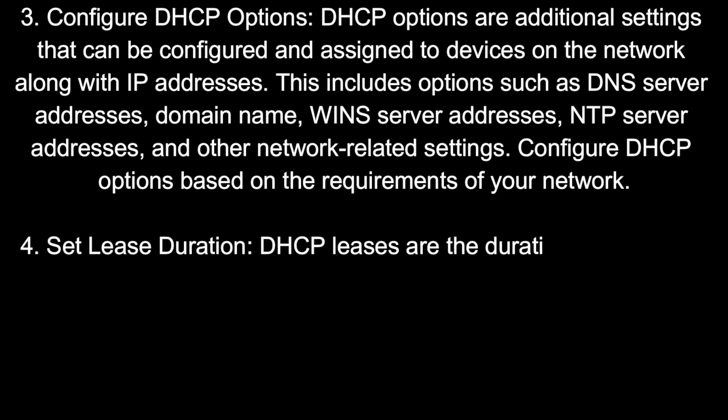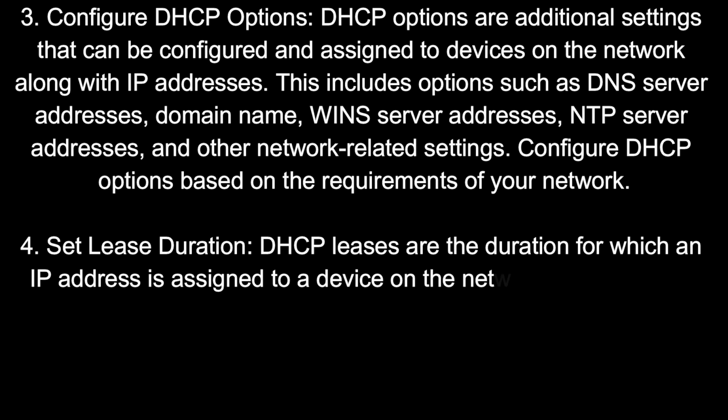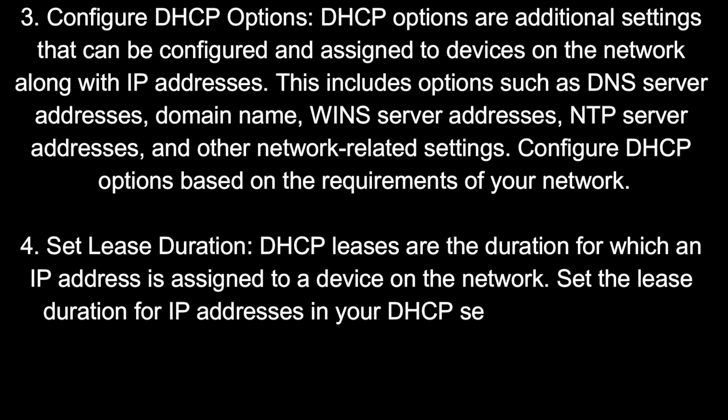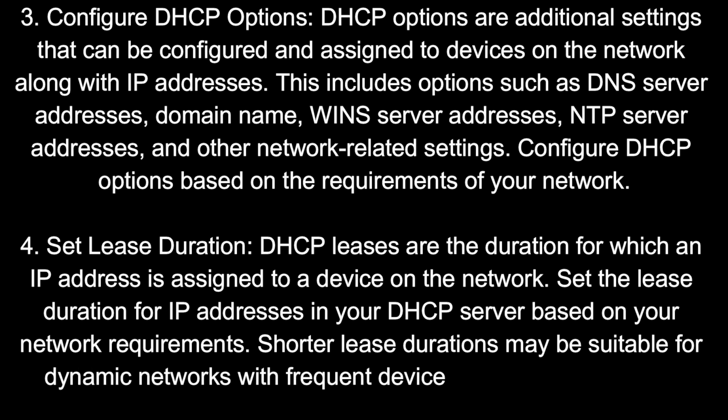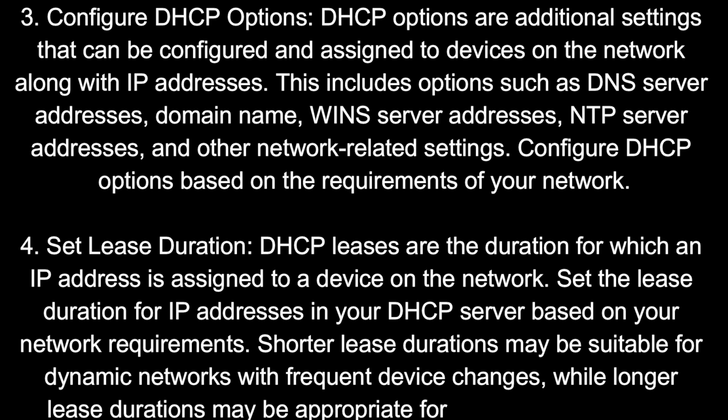Set lease duration. DHCP leases are the duration for which an IP address is assigned to a device on the network. Set the lease duration for IP addresses in your DHCP server based on your network requirements. Shorter lease durations may be suitable for dynamic networks with frequent device changes, while longer lease durations may be appropriate for more stable networks.